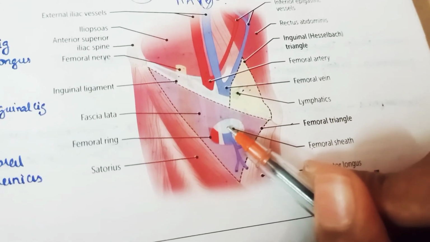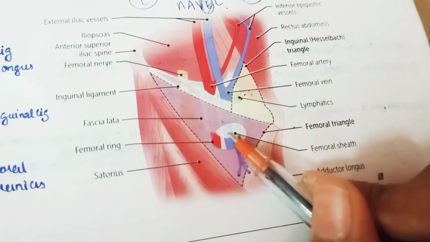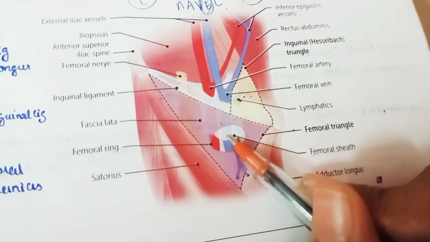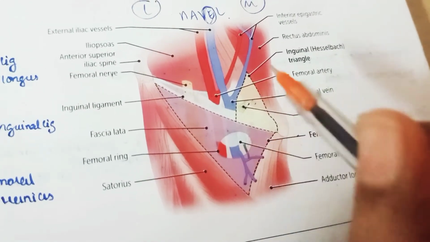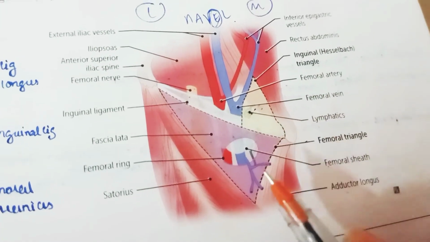The femoral sheath is below the inguinal ligament, and remember the important thing: no femoral nerve is present in the femoral sheath. The femoral nerve is present only in the femoral triangle.